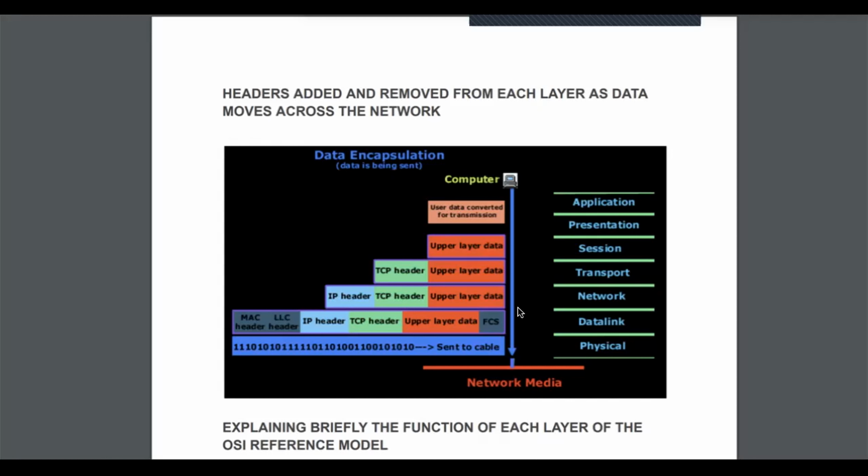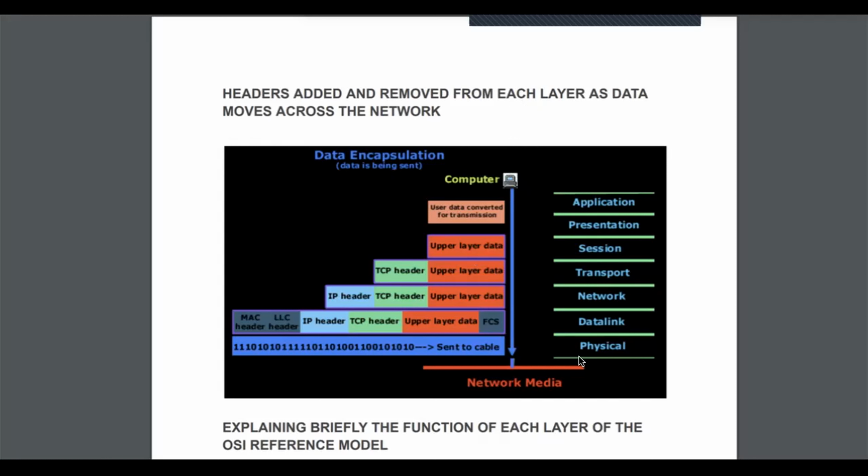In another video, I'll be explaining each of these layers separately, so you are going to get a deeper understanding. But for now, I just want to explain to you that there is always an addition of a header when the data is moving from top to bottom, which is the encapsulation process.